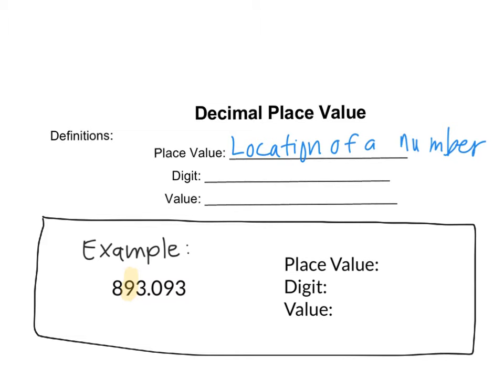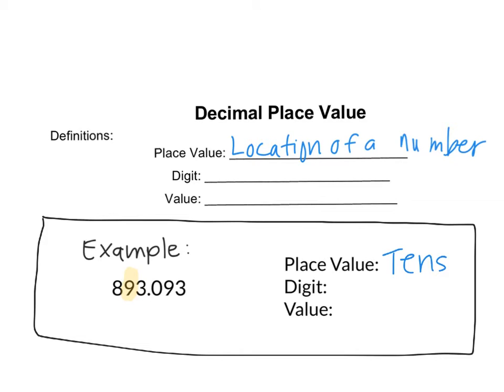So I've highlighted the 9. What is the place value of the 9? We're talking about the location of the 9. That would be in the tens place. So that's place value. So tens, hundreds, ones, maybe tenths, thousandths, hundredths. Those are all place value.